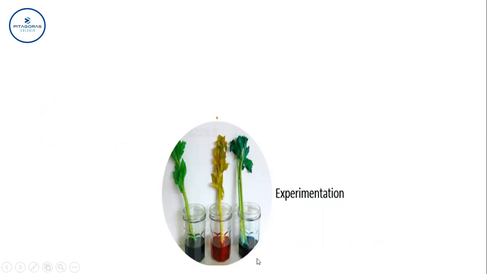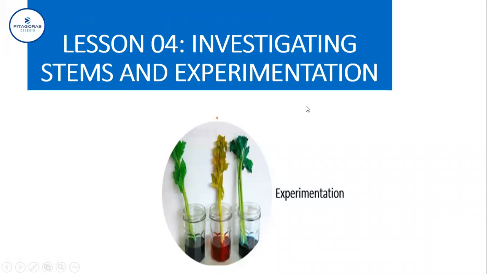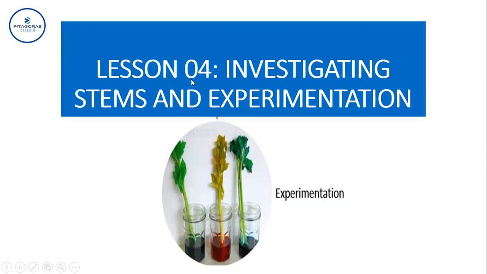And here you see one picture, right? The picture corresponds to an experimentation. So in this lesson, lesson number 4, we are going to investigate stems and also do an experimentation, okay?